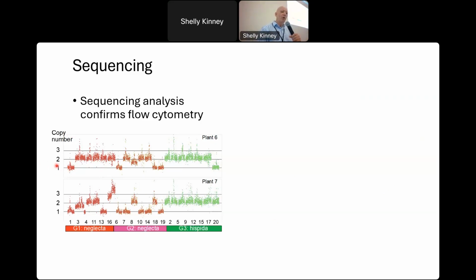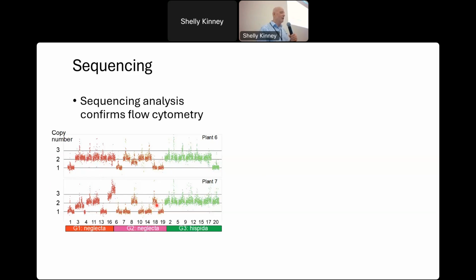So for example, going along here, we have the 20 chromosomes of Camelina, and the first chromosome here is present in one copy because the dosage of reads is lower, and so forth. So you can see the karyotype nicely here.